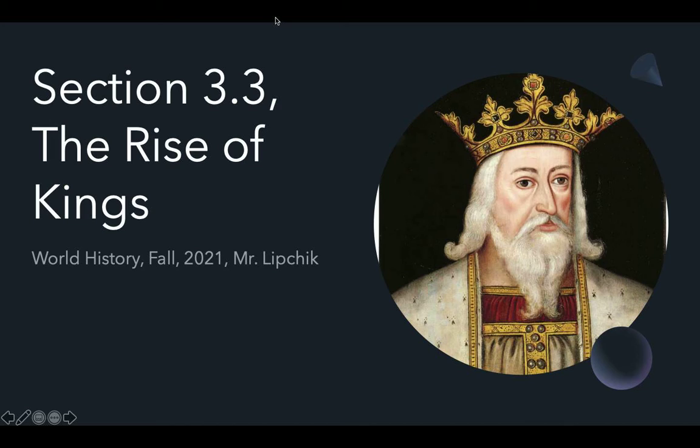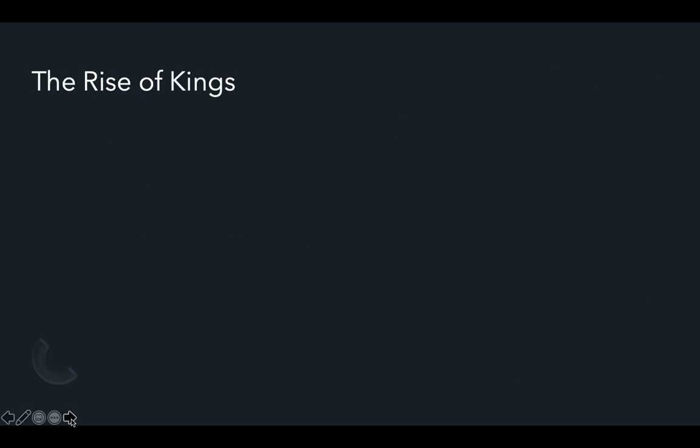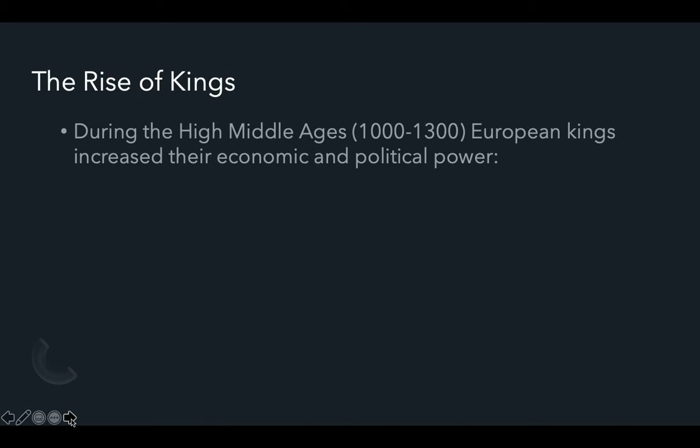Today, our discussion is on the rise of kings, something that began in the late Middle Ages, where political power began to become concentrated in something known as the nation state. During the High Middle Ages, the European kings increased their economic and political power.